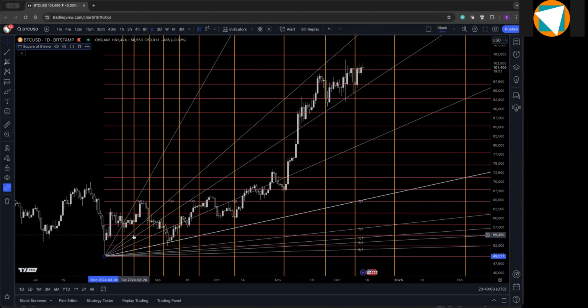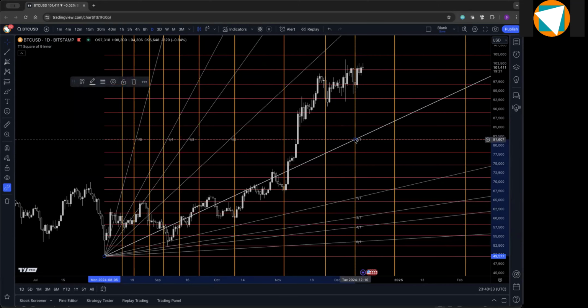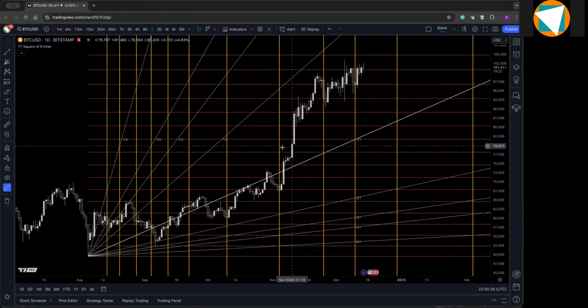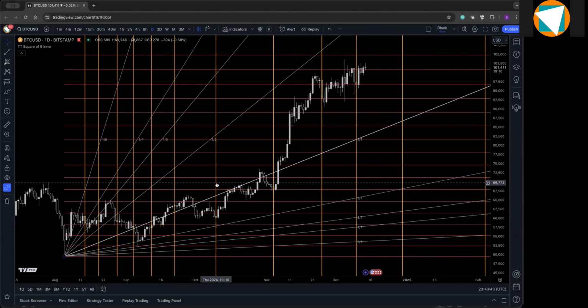You can see how Mercury Helio intersections are much more frequent than sun intersections, and that's of course because Mercury moves much faster than the sun. So the most recent square out point is over here at like 81,700. So we can move that up there and see what that looks like, right? And this is a very good Gann fan, but what's even more compelling is the behavior around the Mercury Helio price lines, right?